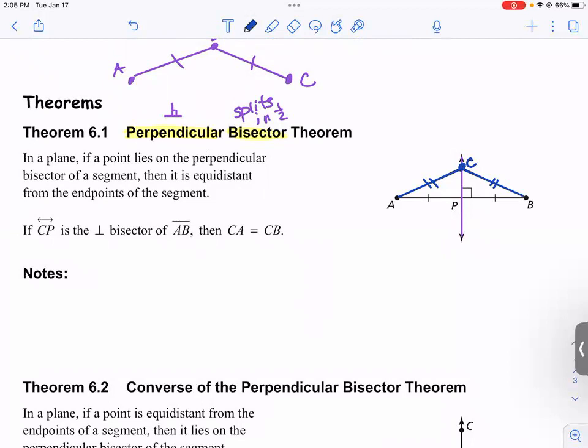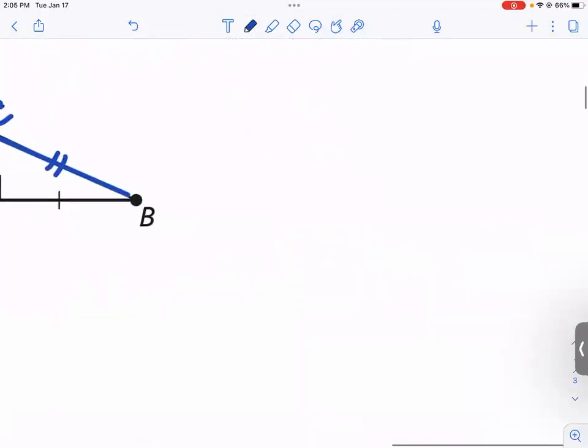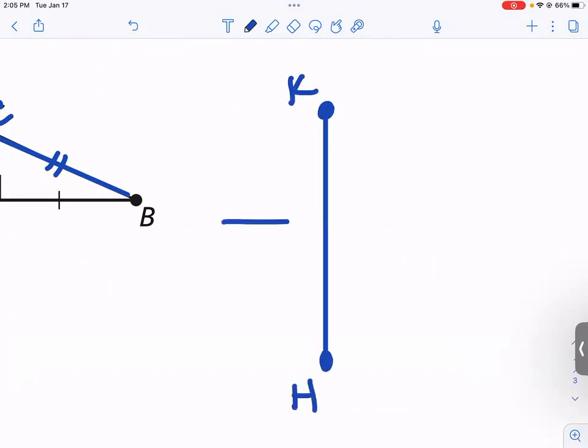Okay, let me go ahead and just draw another picture so you understand what I'm saying here. You do not have to draw this. This is a perpendicular bisector. Do you agree? KH, those are my initials.